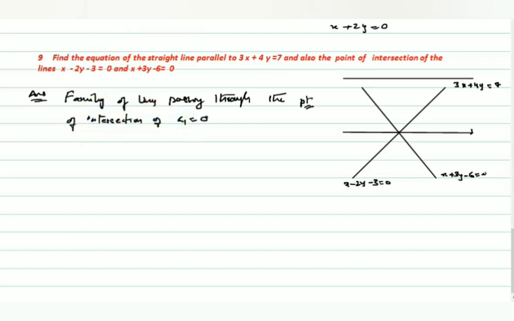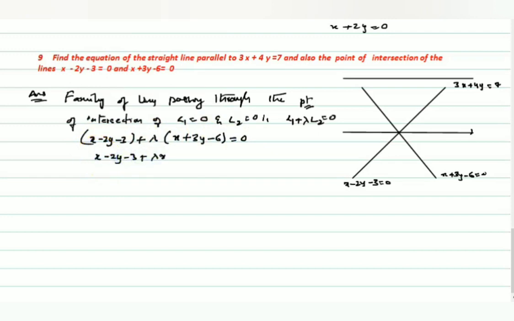L1 is equal to 0 and L2 is equal to 0? It is L1 plus lambda L2 is equal to 0. Therefore, what is that equation? That is x minus 2y minus 3 plus lambda into x plus 3y minus 6 is equal to 0. I multiply lambda for each and every term.